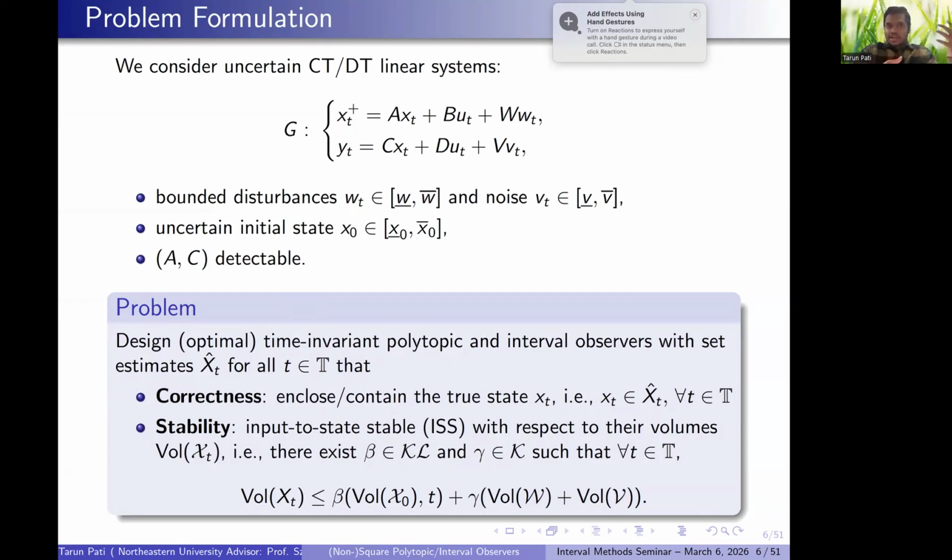So given a detectable linear system whose dynamics are given here with bounded disturbances and noise, and also with known bounds on the initial state uncertainty, we want to construct an interval observer that is correct. That means the true state is always contained within our estimated polytope or interval. At the same time, the observer is input to state stable.